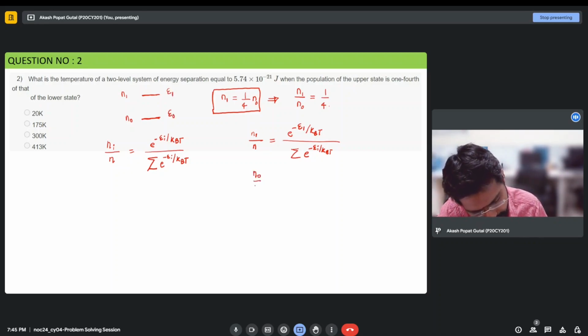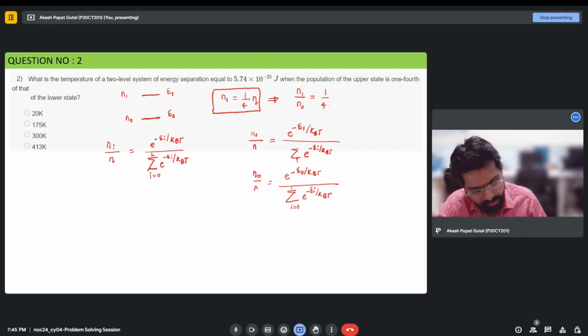So N naught by N will be e raised to minus epsilon naught by kBT divided by the summation, i running from 0 to 1, of e raised to minus epsilon i by kBT. And we have these two equations.